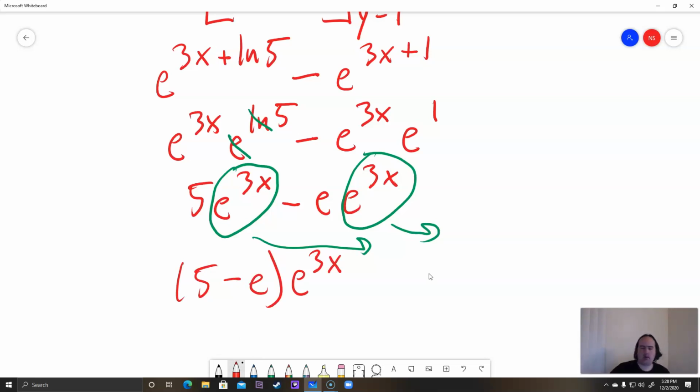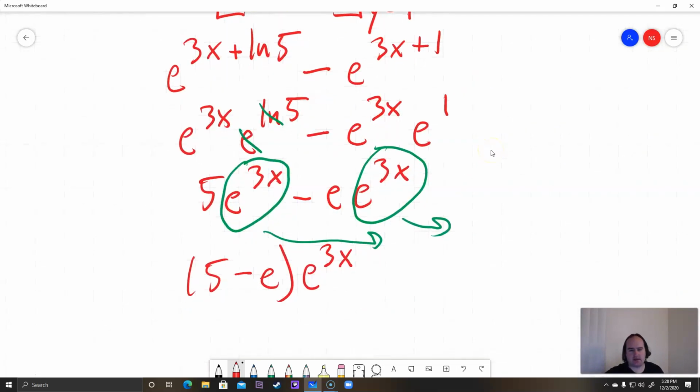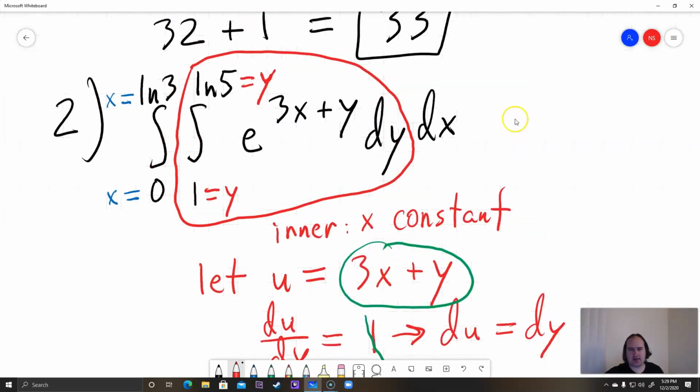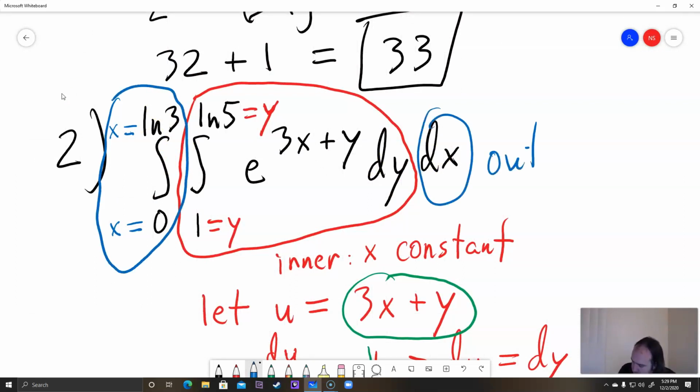Okay? And then from here, what we have to do is actually do the outer integral now. So I've been lazy about writing it, obviously, because I have to keep writing it over and over again. But we still have to do this outer integral. And this outer integral was dx. That's what I have circled in blue.